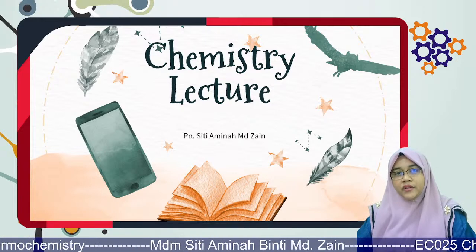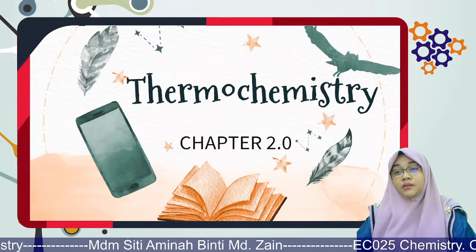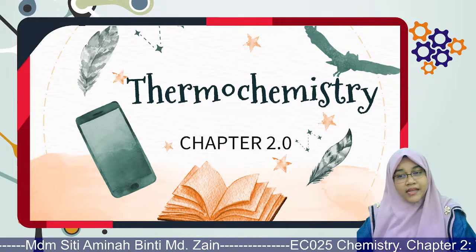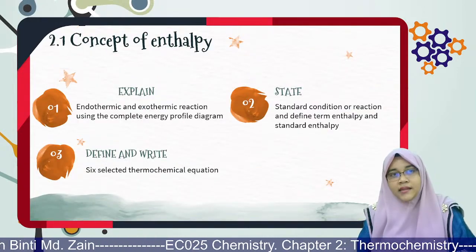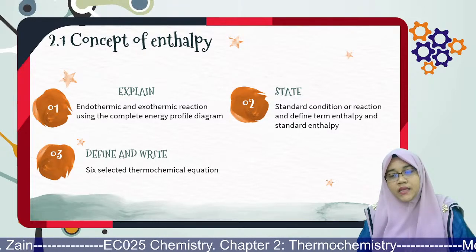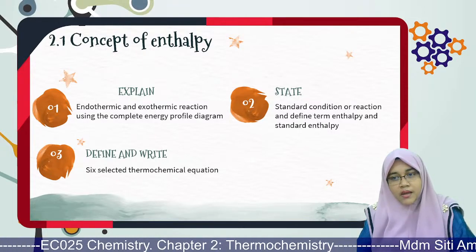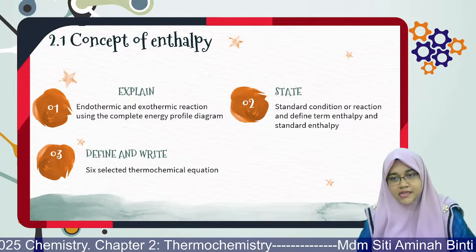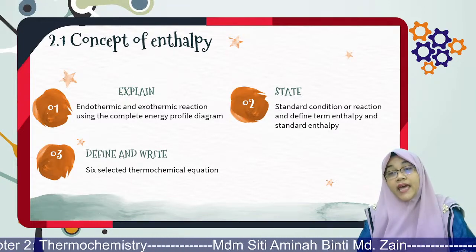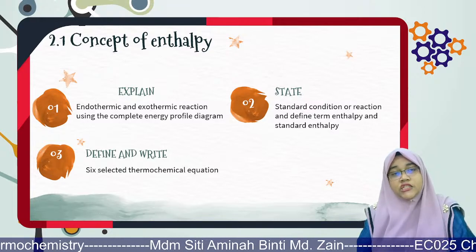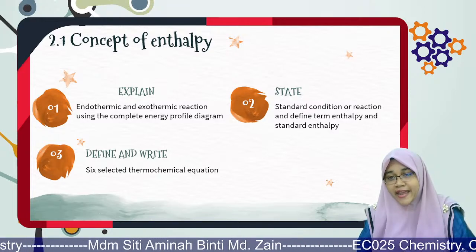We will learn a chemistry lecture about the topic thermochemistry, chapter 2. Let's go. Okay, in 2.1, concept of enthalpy, there are three learning outcomes that we will learn. The first is we can explain endothermic and exothermic reactions using a complete energy profile.